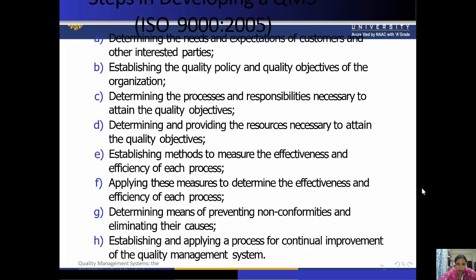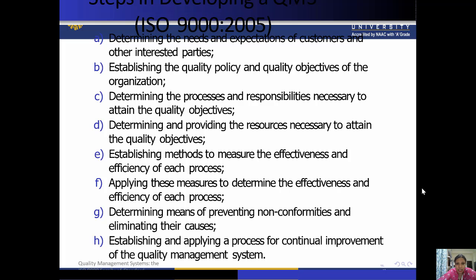Now next is determining the processes and the responsibilities necessary to attain the quality objectives. So it is again an important thing that we need to determine the process and the responsibilities which are necessary to attain the quality objectives.